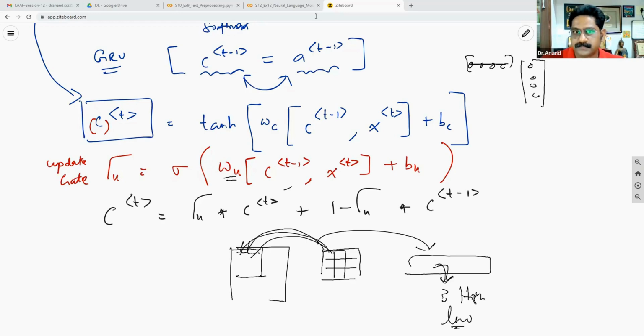Any idea? Does it look like a correlation?